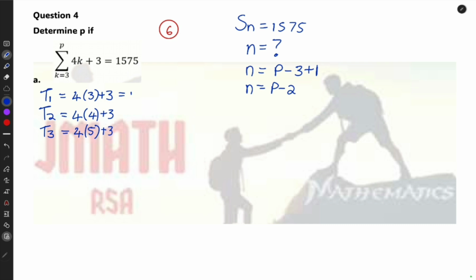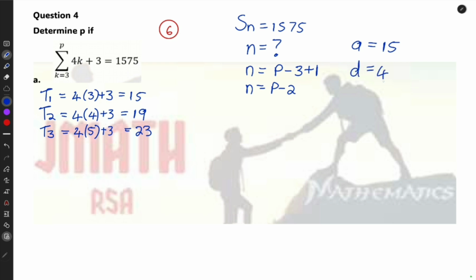So 12 plus 3 is 15, 16 plus 3 is 19, 20 plus 3 is 23. If I update my list, I can see that this is definitely arithmetic because I'm plussing 4 every time. And remember the tip I gave in the lesson video, if the variable is just multiplied in the sum, then it's definitely arithmetic.